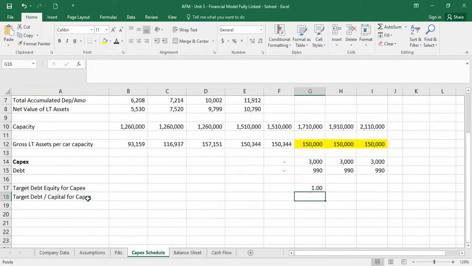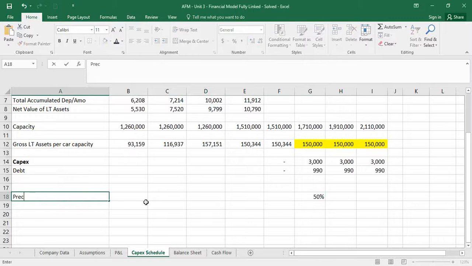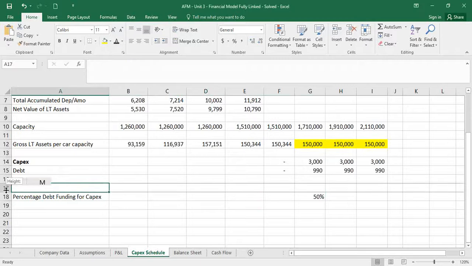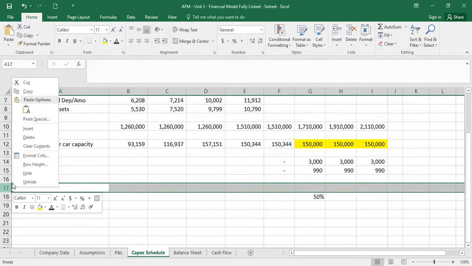And I can actually take an assumption on this, that how much of the total capex has to be funded using debt in this, right? So, or percentage, I can just change this to percentage debt funding for capex, right? Now we can change this depending on the year.